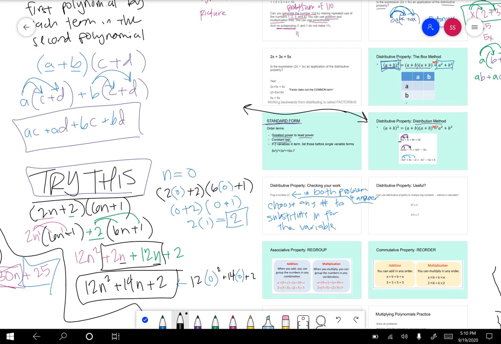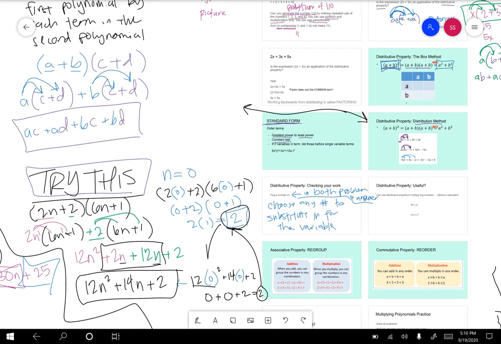So exponents next: 0 squared is just 0. 0 times 0 is 0, and 14 times 0 is 0, plus 2. So 0 plus 0 plus 2 is 2. Since these answers are the same, we did it right. Bravo, team. Bravo.